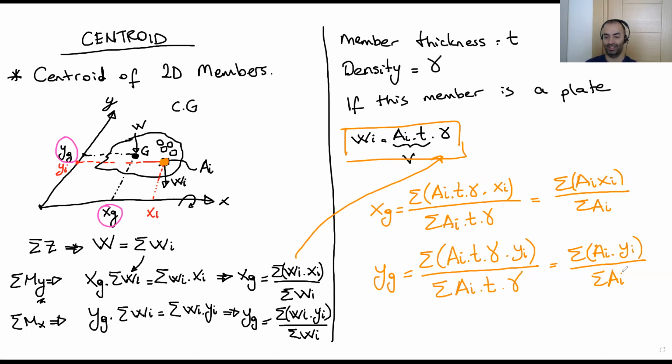Because our assumption here is we have a constant thickness at each point and a constant density, which is gamma here. So at the end of the day, one of the variables is AI. That's why we are using AI in this problem. So we know the XG and YG equations for surface members.